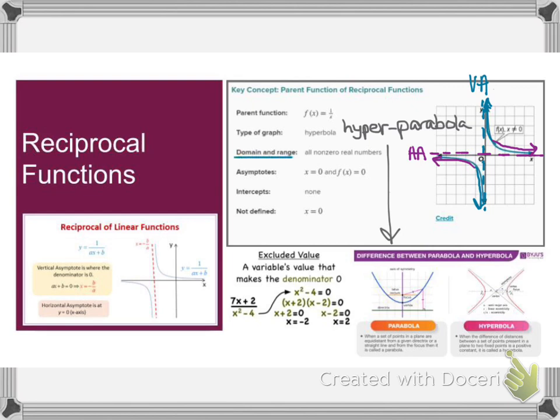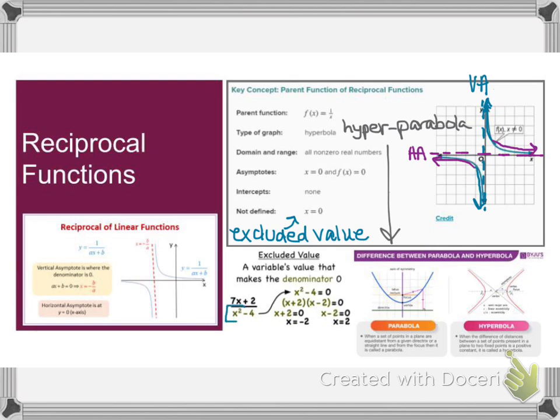Our domain and range are going to be all real numbers except 0. We already talked about our asymptotes. There are no intercepts because of this. And we have this value that would make this fraction impossible. X cannot equal 0 because at that point the fraction would be undefined. So we call x equals 0 an excluded value.